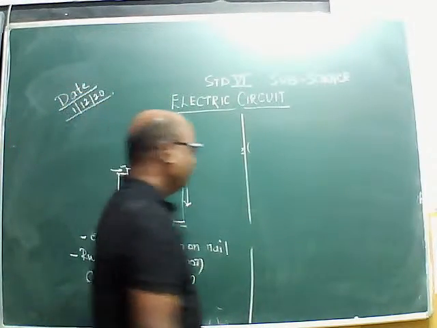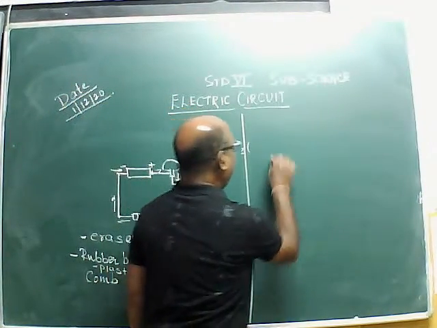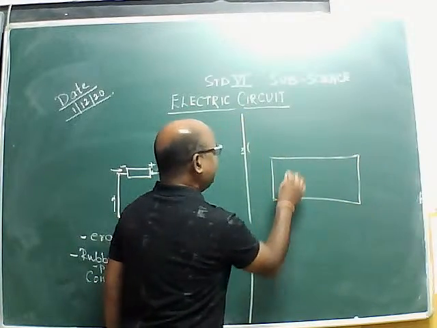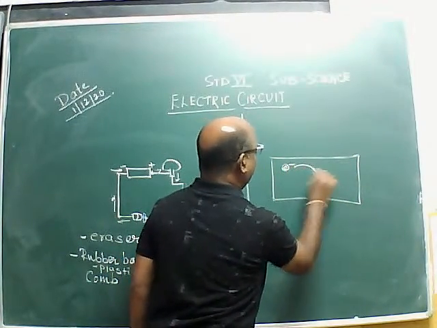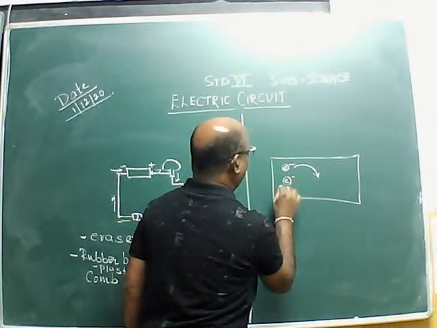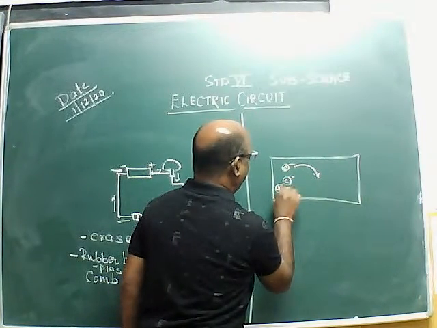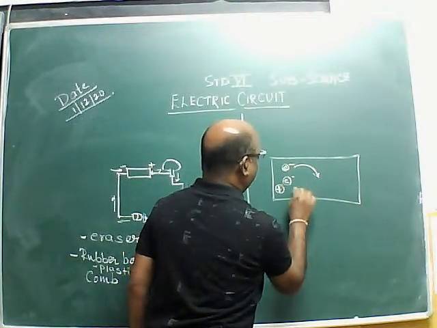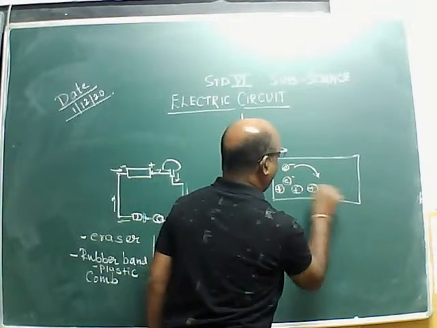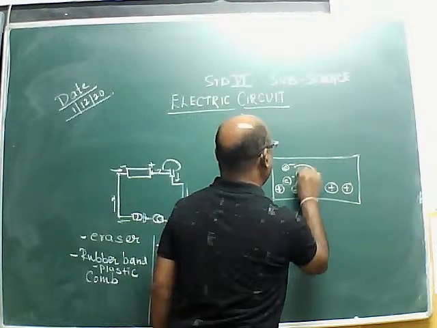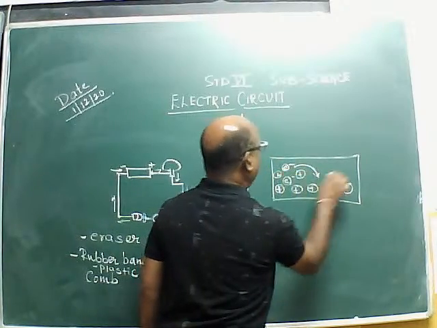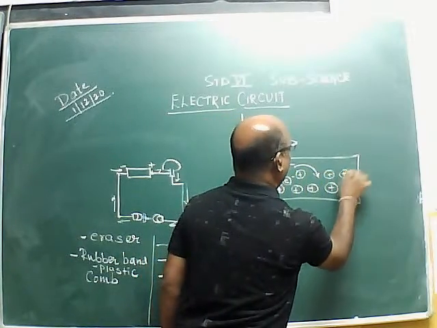So we will find in metals, suppose this is the metal, there is a sea of electrons. They are free to move anywhere. There is a sea of electrons embedded among positive ions.